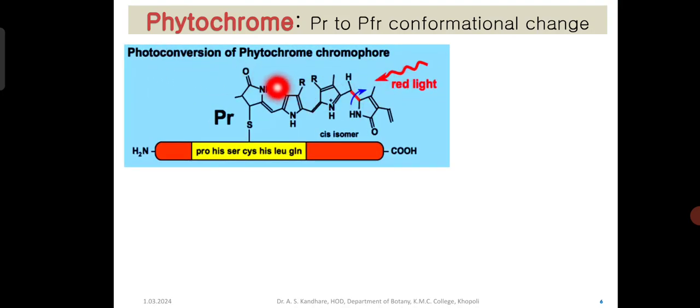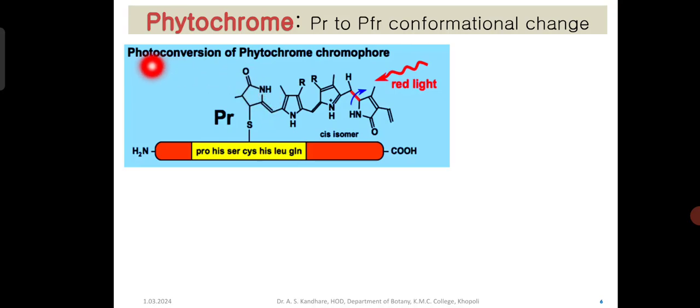So here you can see that this is the phytochrome pigment and this is the protein part. It is a protein dimer, and attached to this protein dimer is the chromophore. This is the bilin pigment which is attached to the protein part of the phytochrome.